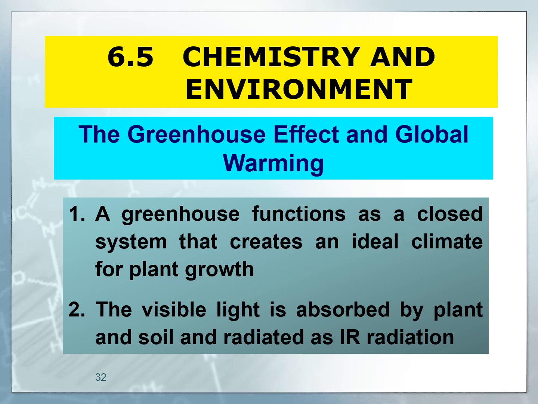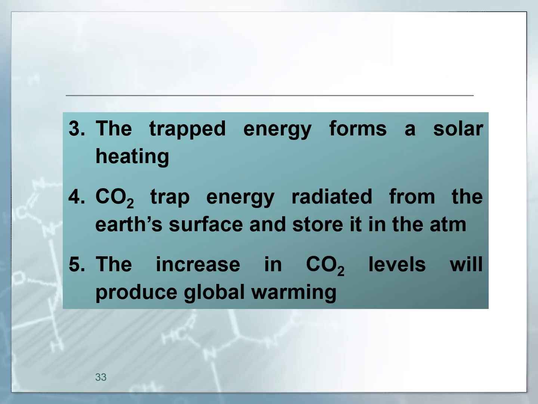The visible light is absorbed by plants and soil, and radiated as infrared radiation. This radiation energy is blocked by the glass, or absorbed by water vapor and carbon dioxide. The trapped energy forms solar heating. Similarly on our Earth, carbon dioxide traps energy radiated from the Earth's surface, and stores it in the atmosphere.